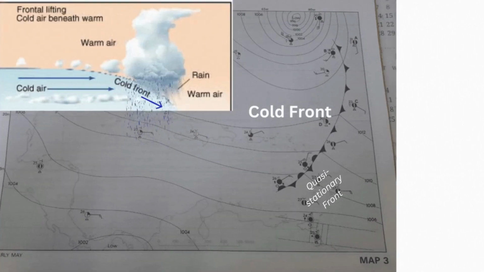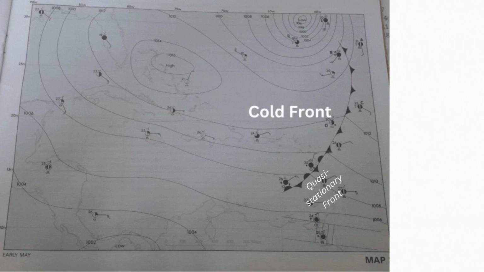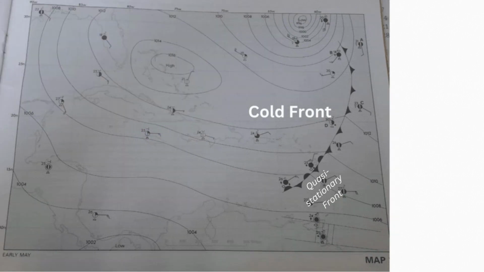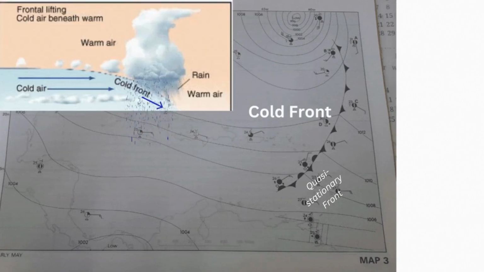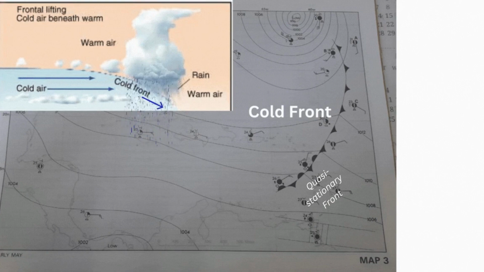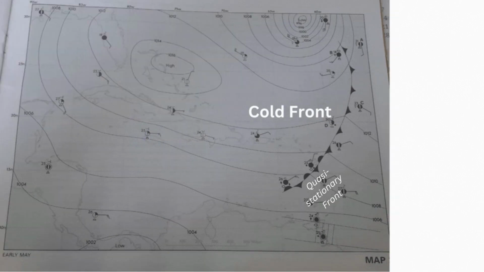Now, cold fronts. Cold fronts form in the Caribbean when cold and dry air mass from North America, called northers, advance into the Caribbean region, which is dominated by a warm, moist air mass. The cold air undercuts the warm air, forcing it to rise.